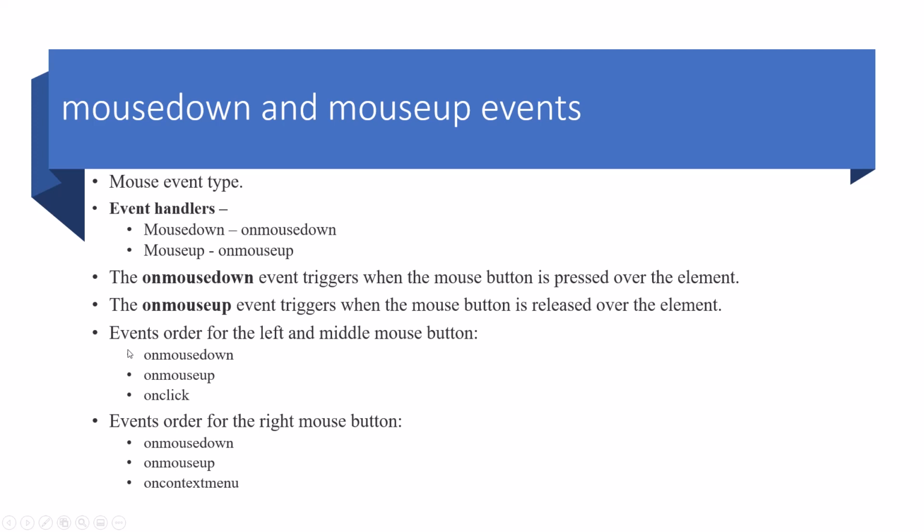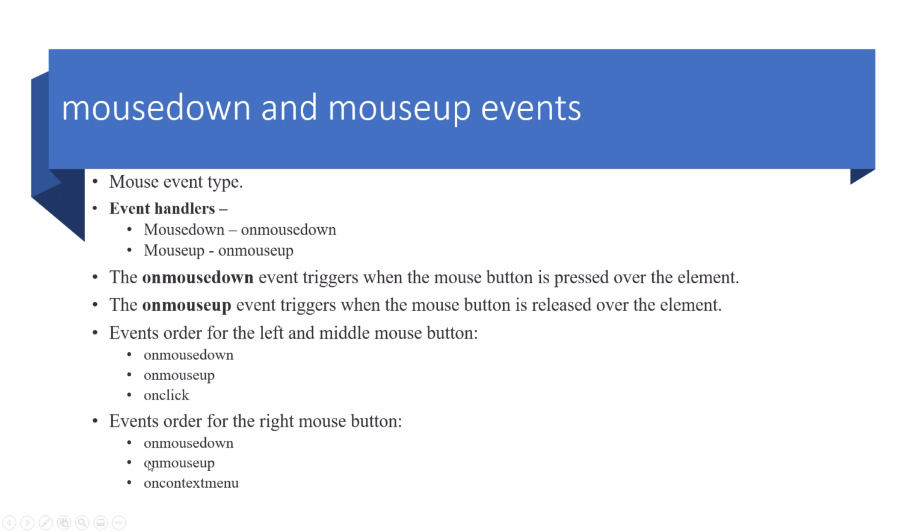And there are different event orders when using the left and middle mouse buttons and the right mouse button. For the left and middle mouse buttons, the event order is as follows: onmousedown, onmouseup, and onclick.